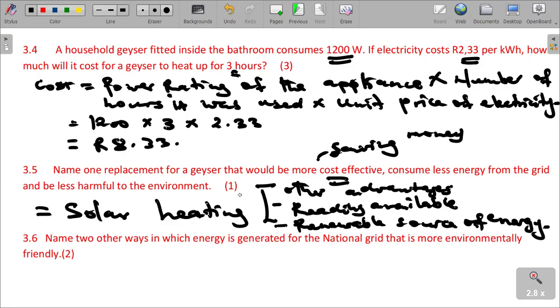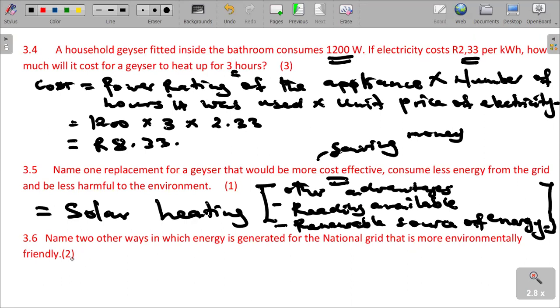The answer here is solar energy, solar heating, but I'm just giving other necessary or additional points that might need to be taken into account when we talk about sources of energy: environmentally friendly, cost effective, and additional advantages such as readily available and a renewable source of energy.